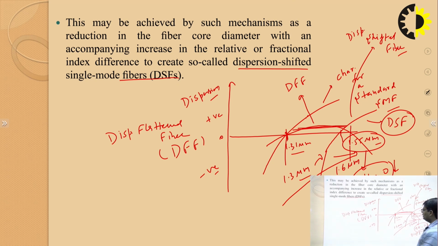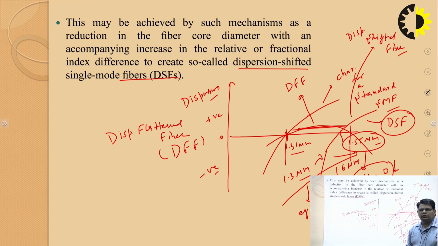So where this dispersion characteristics are shifted below the 0 level, this type of dispersion modified fiber is known as, for example, negative dispersion fiber, NDF.